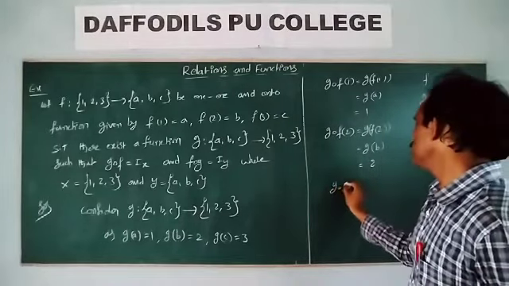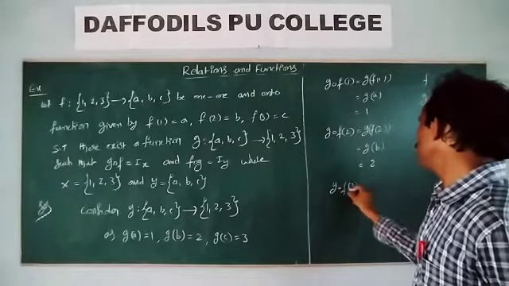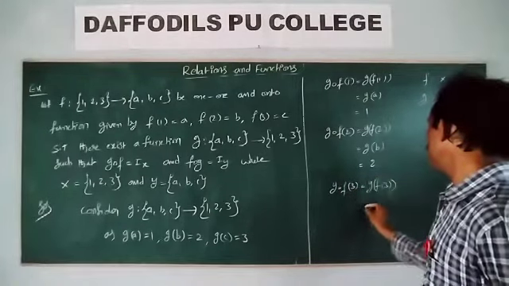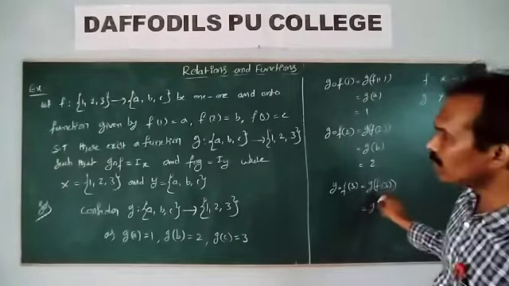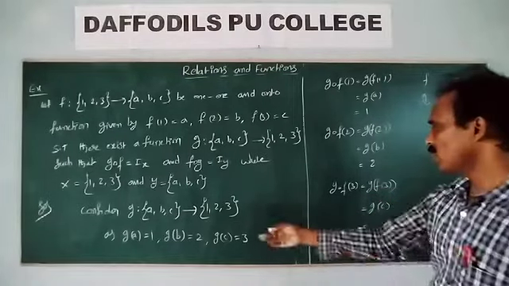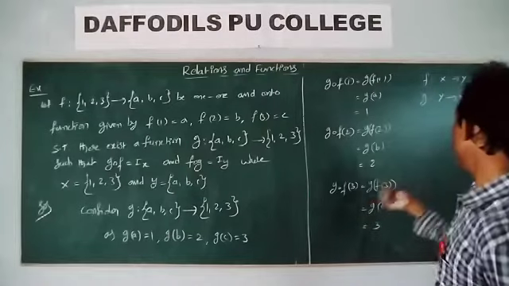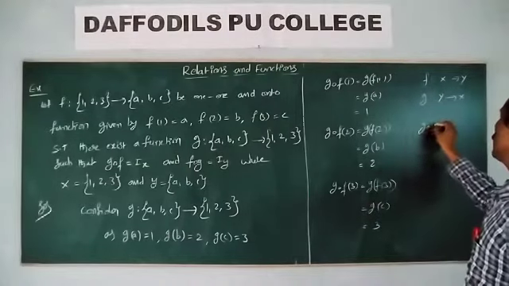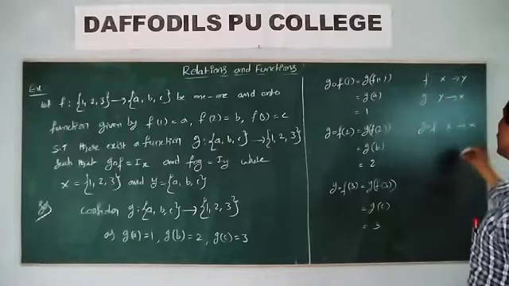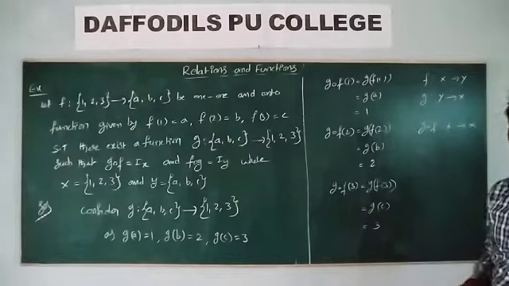Next g of f of 3: f of 3 value is C, g of C value is 3. So finally, g circle f maps X to X, which means identity function.